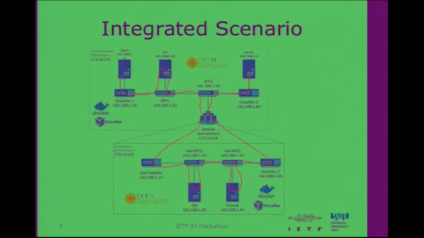The result here is actually very difficult to see because we have to look at the flow table or the packet capturing. So if you're interested, we can show you a demo after.